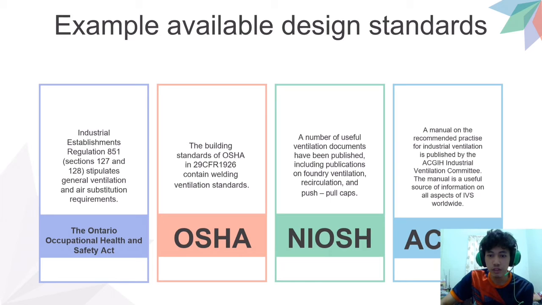The manual is a useful source of information on all aspects of industrial ventilation worldwide. So these 4 are examples of levels of design standard. There are many, I just put 4 here.